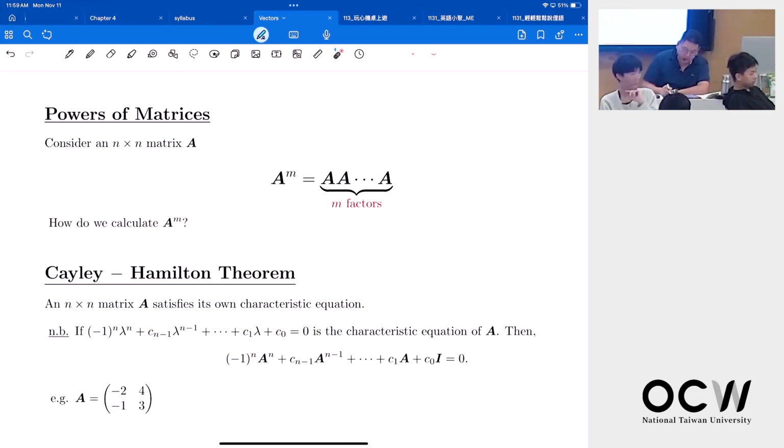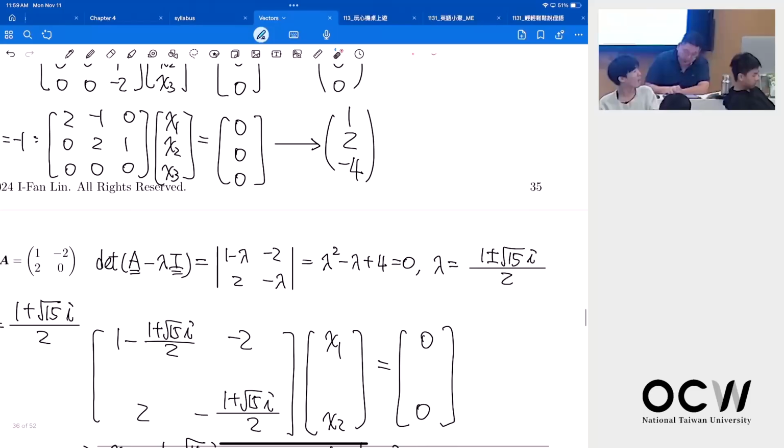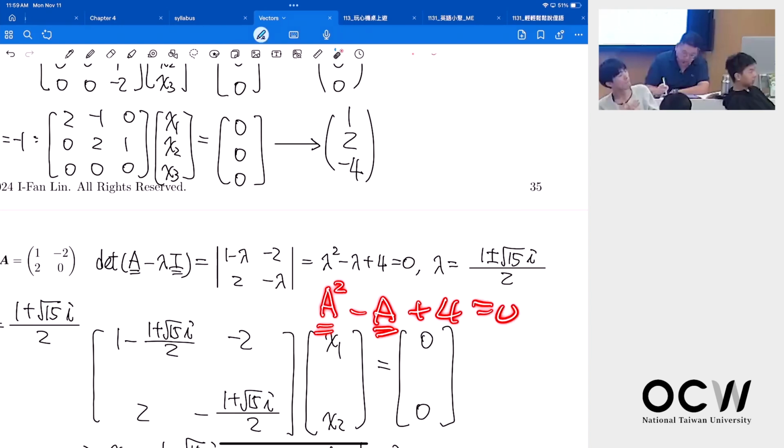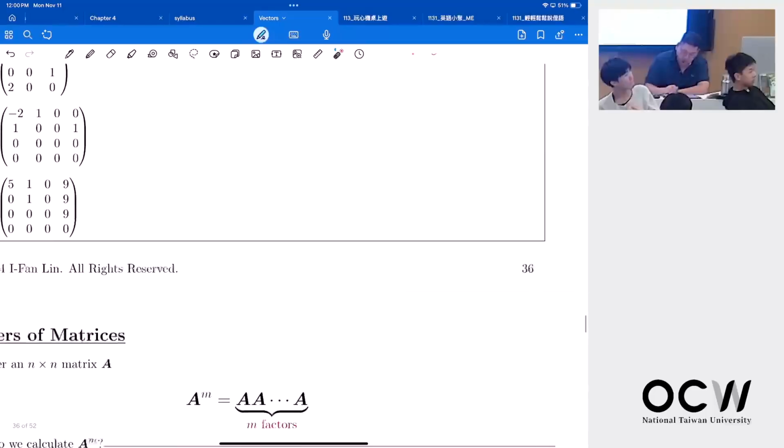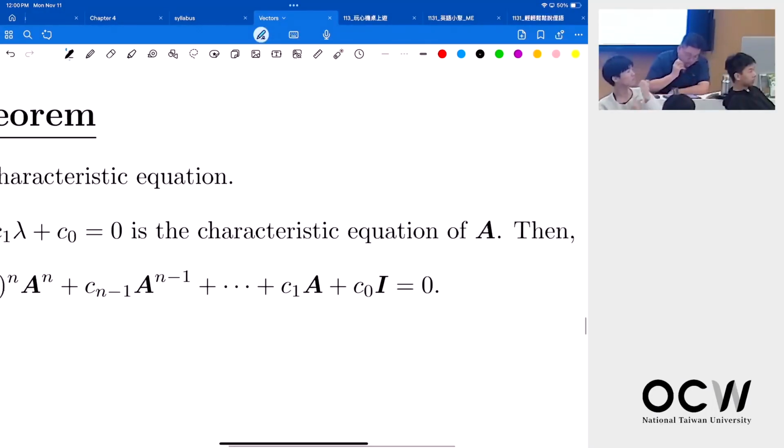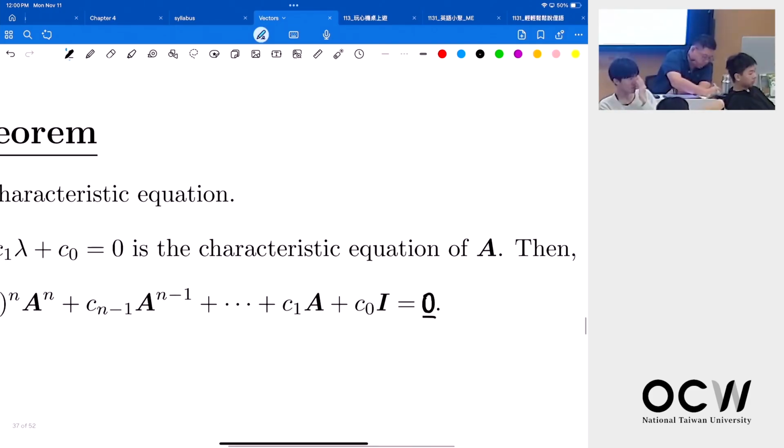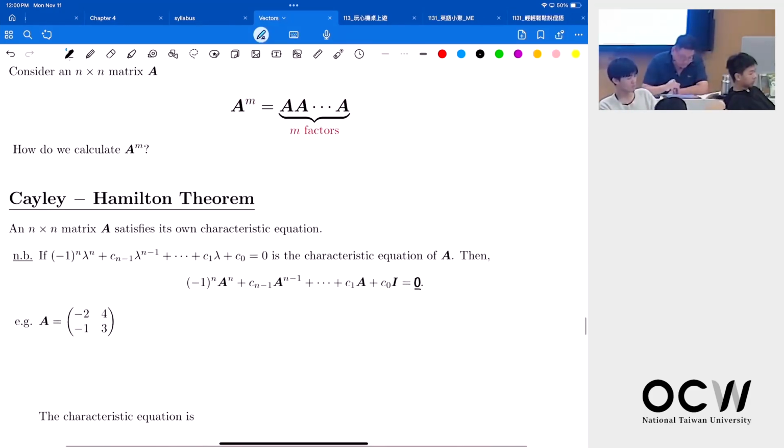I have a characteristic equation here, and then I can change that to A squared minus A plus 4 is 0. That's also correct. The right side should be the 0 matrix.